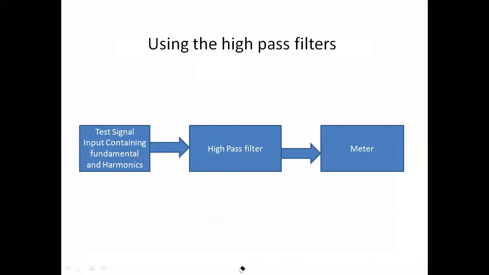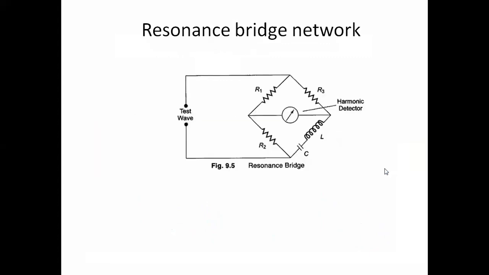Okay, and the next method used to measure the total harmonic distortion is the resonance bridge network. Using this resonance bridge network, we have to balance the bridge. Here we have the components L and C, an inductor and a capacitor, which we can tune.